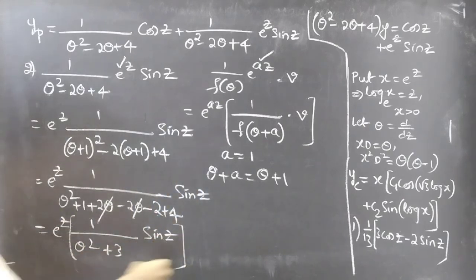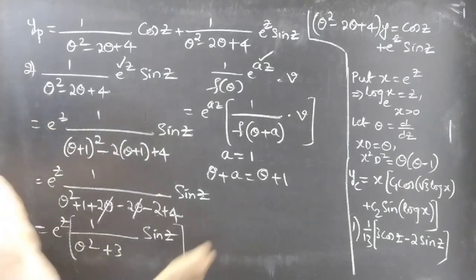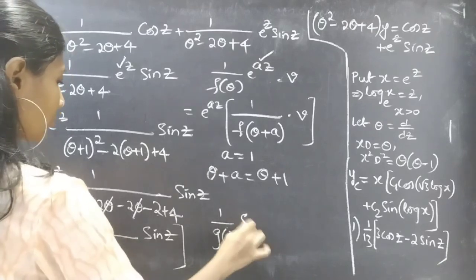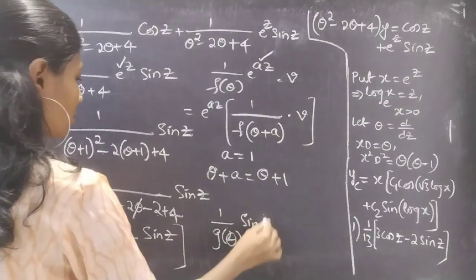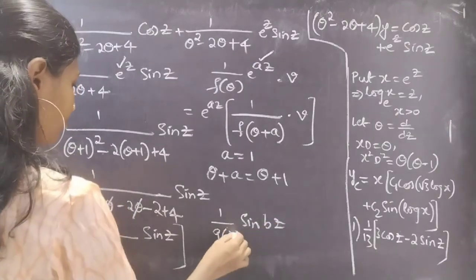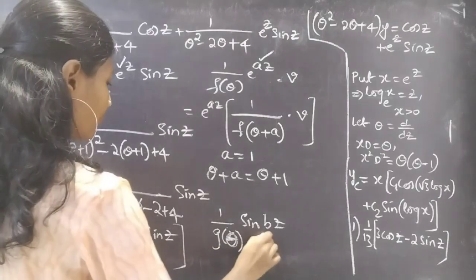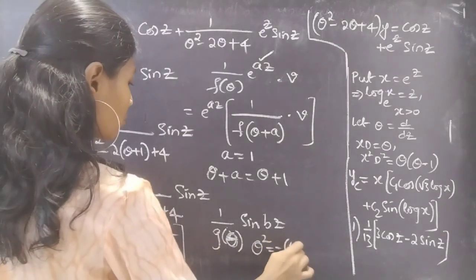See, this is of the form 1 by some function of theta into sine z, sine bz we can say. Now, we'll replace theta square by minus b square.